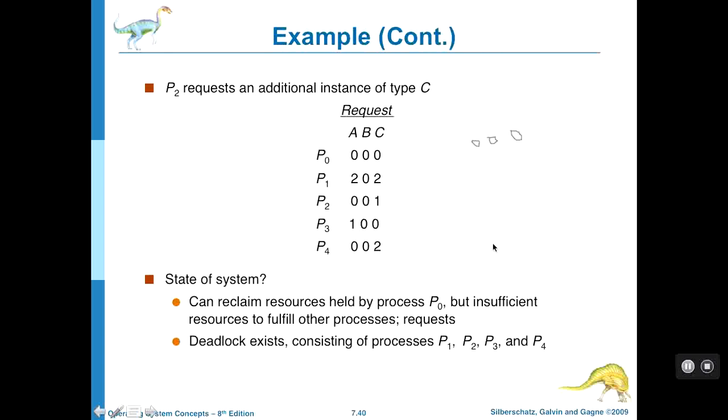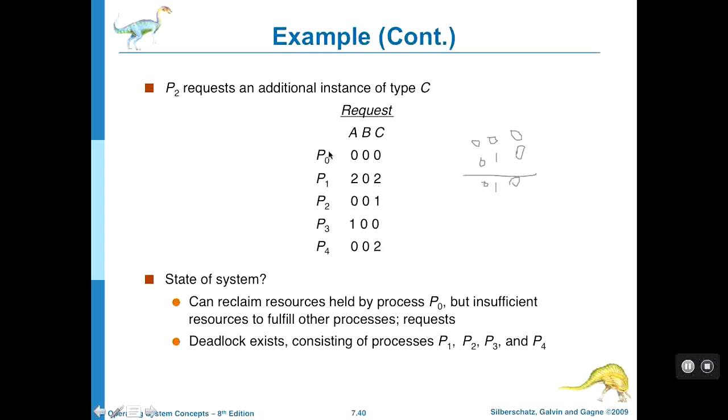Since P0 still has no request, we can finish that one up and then add 0, 1, 0, which was its allocation. That gives us 0 A's, 1 B, and 0 C's. Now, can we fill any of these other requests? In actuality, we cannot. So the system is actually deadlocked.